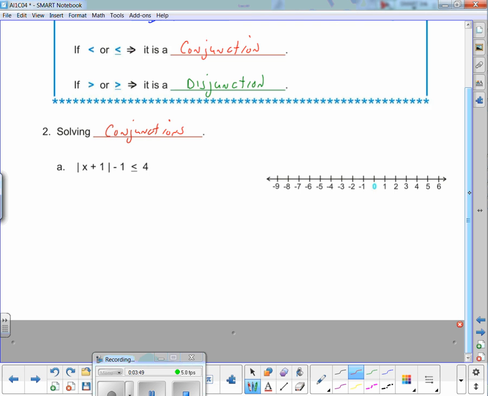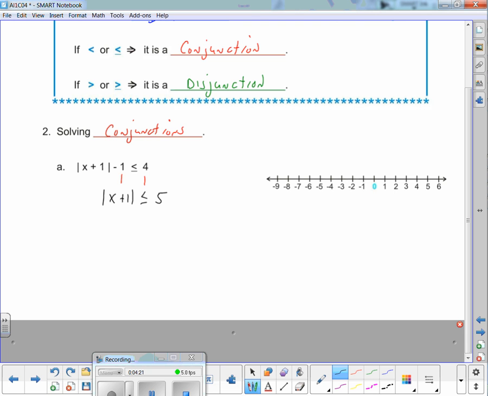Really, right now, we don't even know yet it's a conjunction looking at the original, although we have an idea. So we got to ISO the ab. You know how to do that, right? Adam, what do you want to do to ISO the ab? I agree. So Adam does this, and we get the absolute value of x plus 1 is less than or equal to 5.